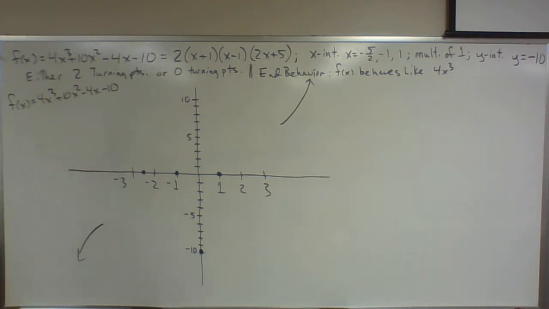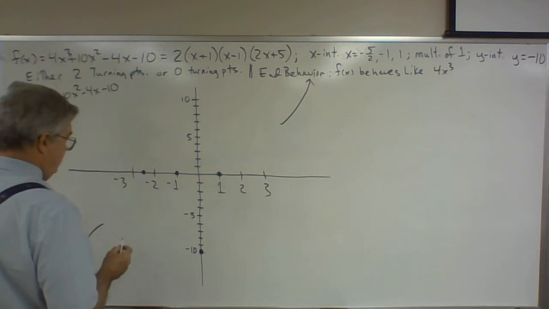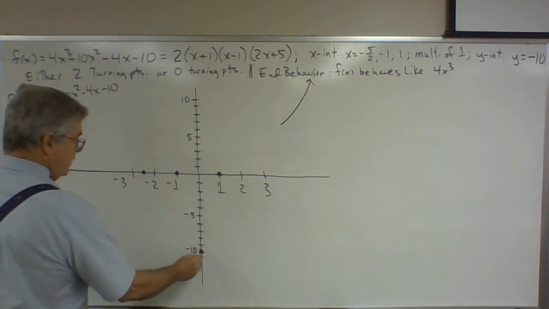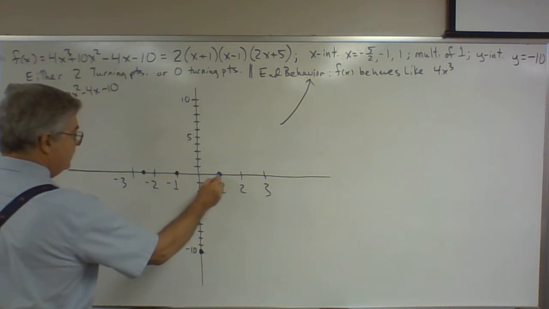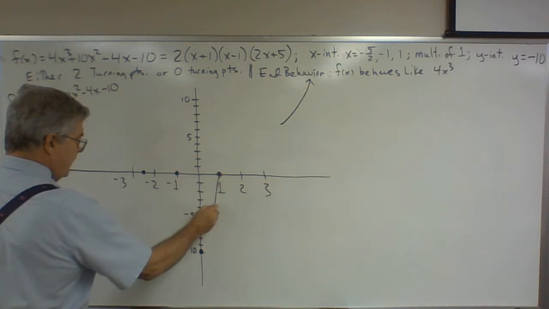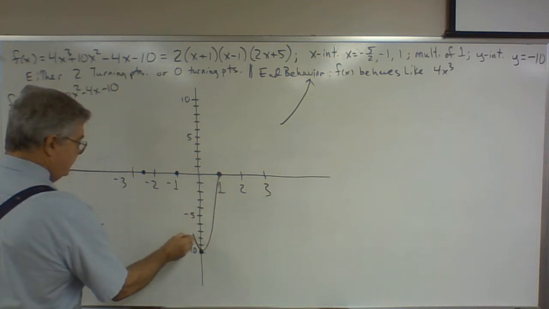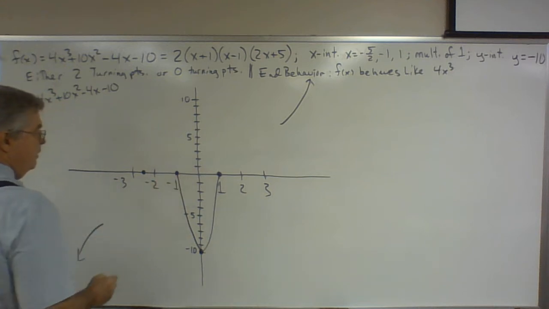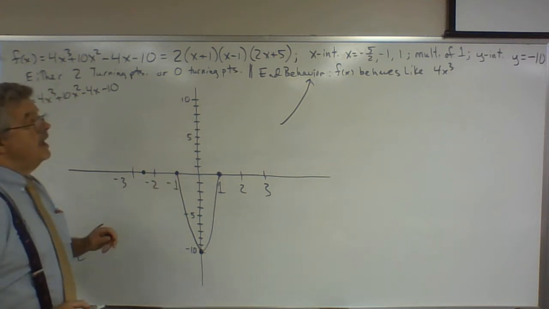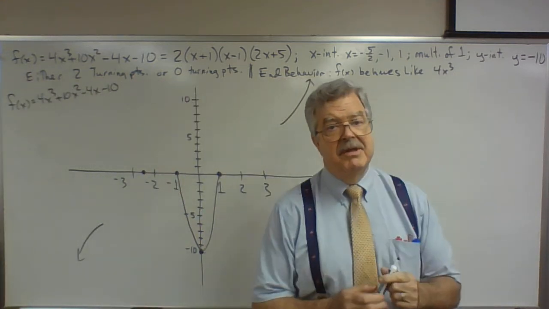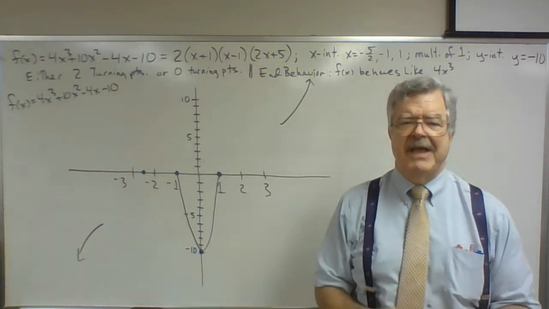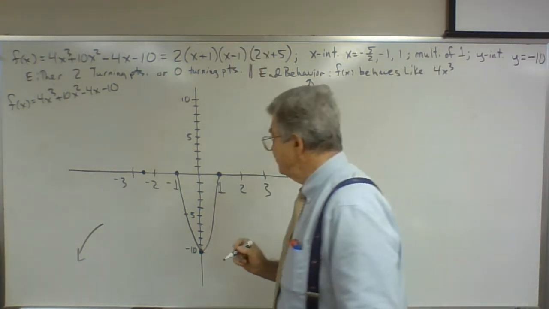Now let's see if we can make sense of this. Right here we have a point in between our 2 x-intercepts. So the graph has to come down here, go through negative 10, and come back up here through negative 1. And remember we said our x-intercepts have multiplicity of 1, and that means the graph has to cross the x-axis at each intercept.